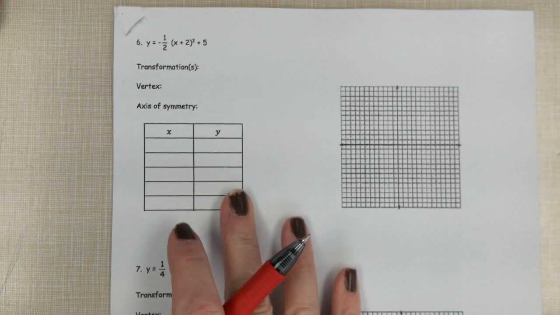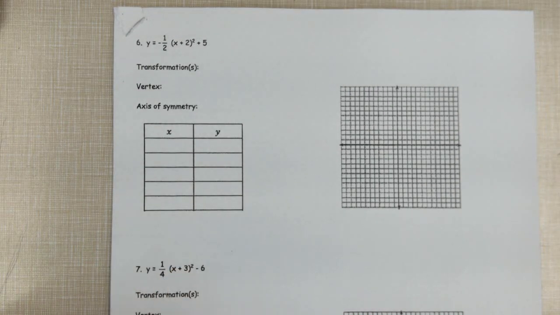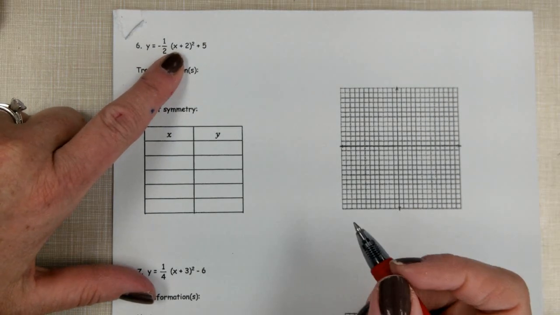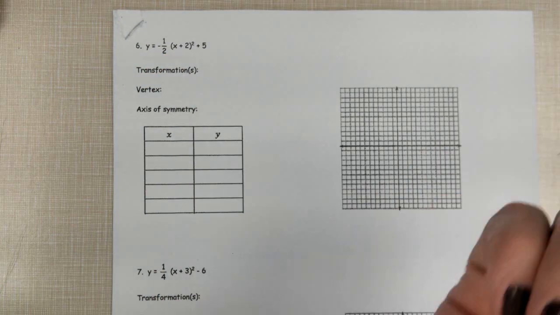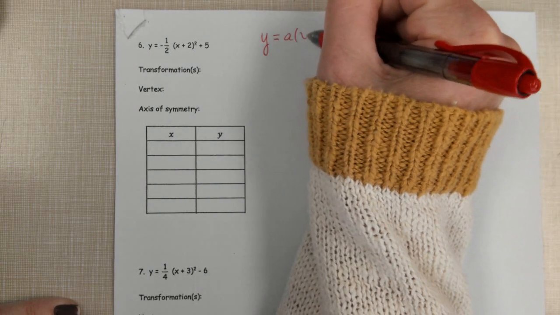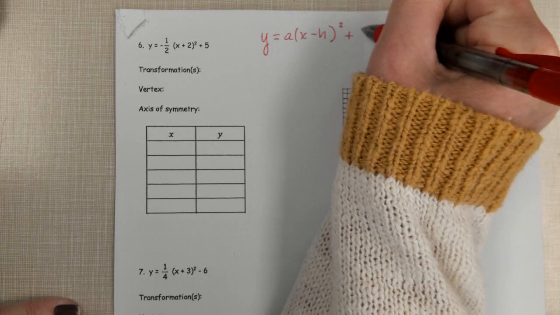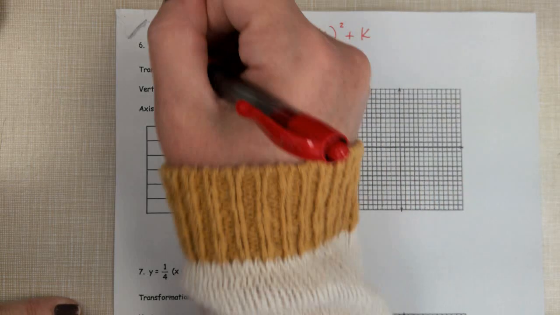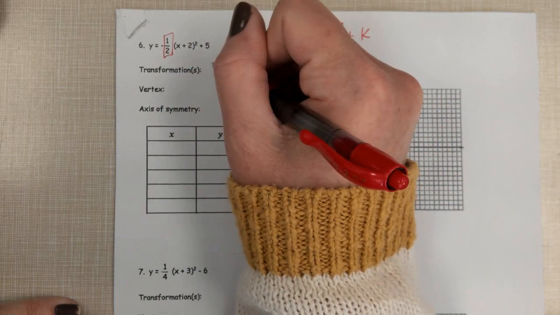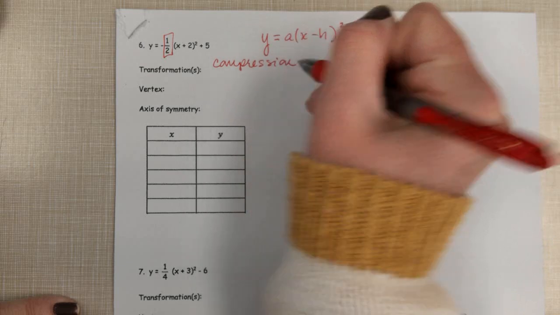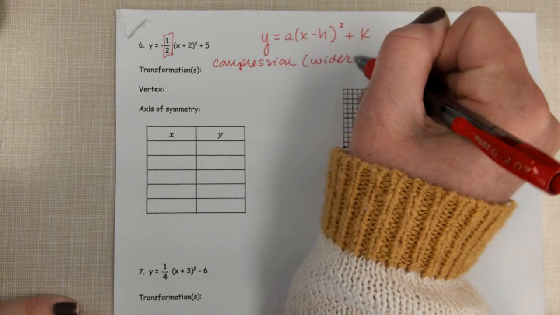All right, so number 6. y equals negative 1/2 (x plus 2) quantity squared plus 5. Let's see here. This is your new best friend. I can tell you right here that A is 1/2. So that is going to be a compression, which means it makes it wider.